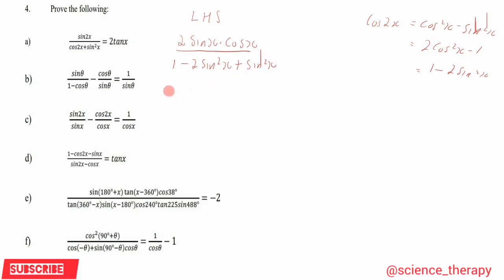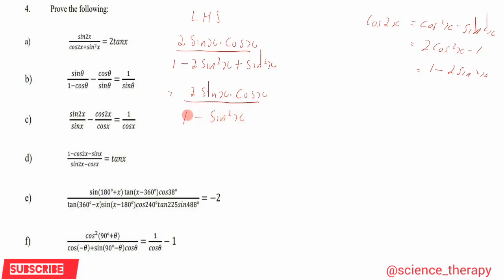So having that in the numerator, we have 2 sine x and then cos x. And then below, that's negative 2 sine squared x plus sine squared x. This will give us 1 minus sine squared x.